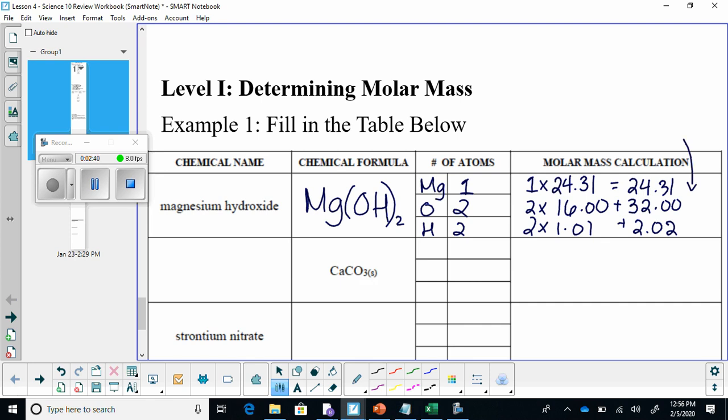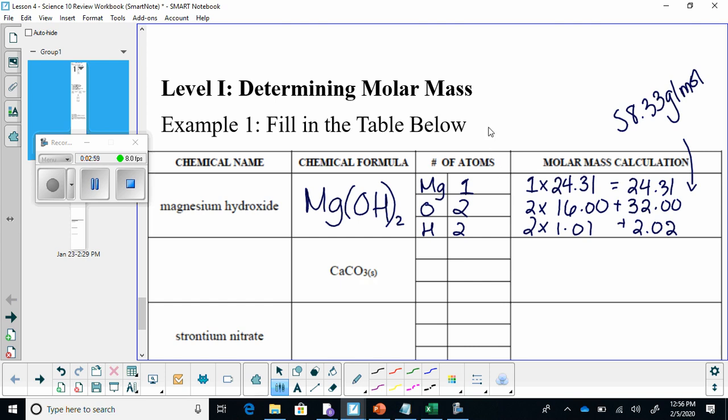Okay, so the answer for this is 58.33 grams per mole. Do not forget the units because in chemistry we are going to be dealing with a lot of numbers. So I want you to get into the habit of putting units on as you go.